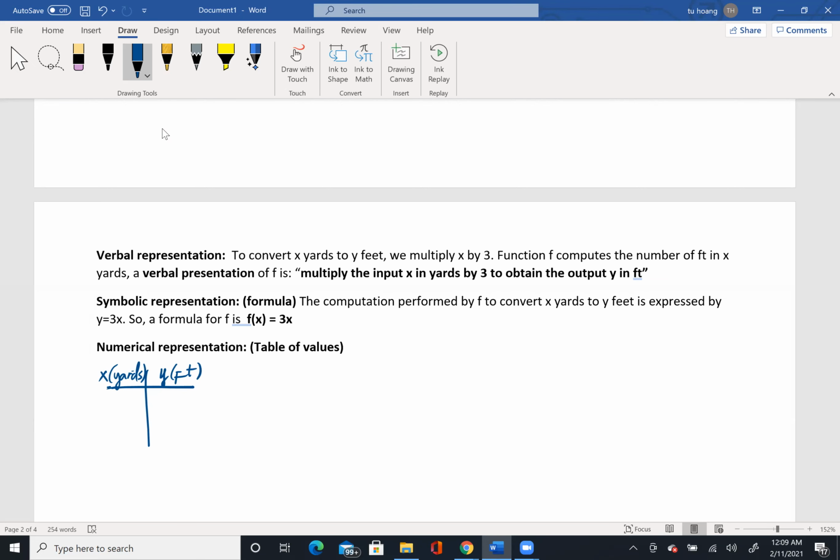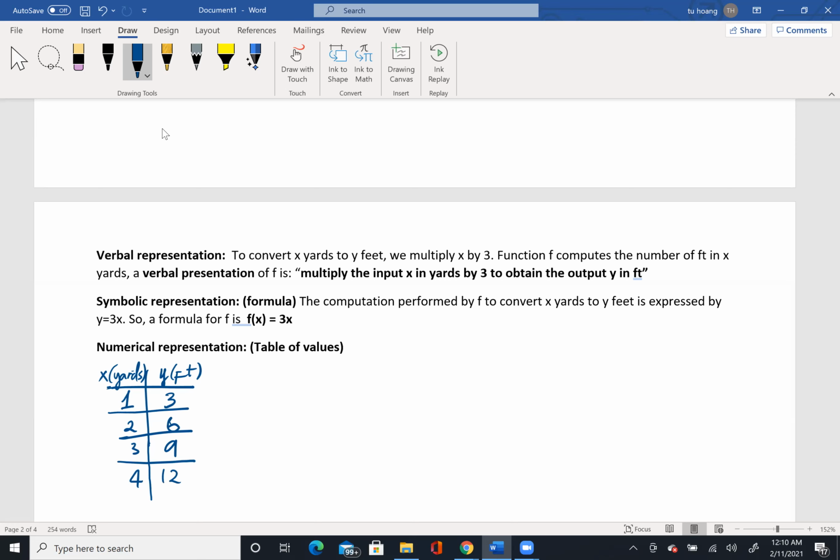So if I have one jar, then Y is going to be equal to 3 times 1, equal to 3 feet. Similarly, if I have 2 jars, then I have 3 times 2, which is 6 feet. And keep going with 3, and then I have 3 times 3 is 9, right? And then we have one more as 4. So 4 times 3 is going to be 12, right?